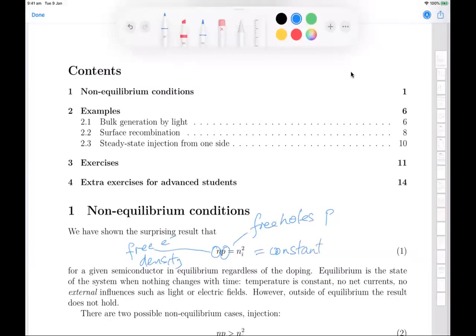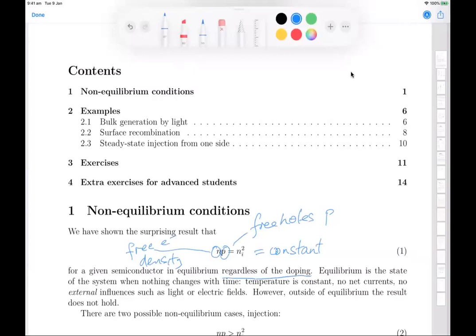And that constant is the product of the intrinsic population of electrons or holes squared. And we found that this was true regardless of the doping, whether it was N-type or P-type.